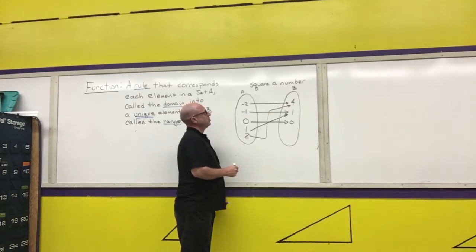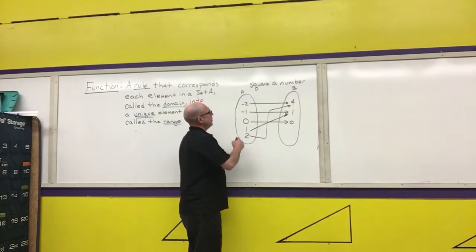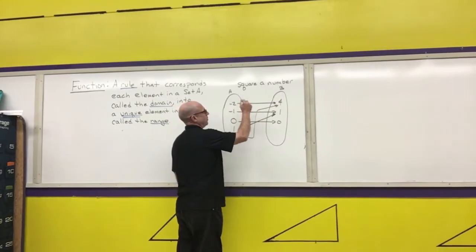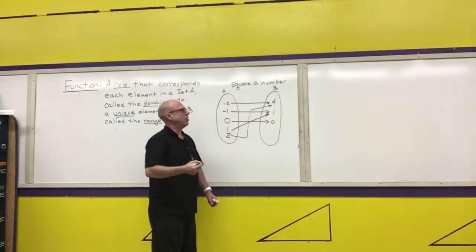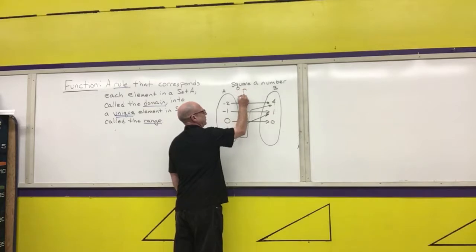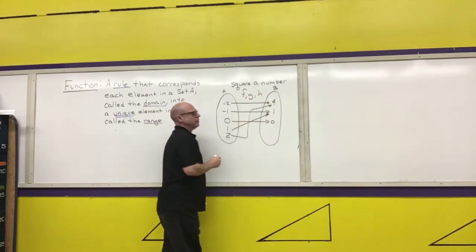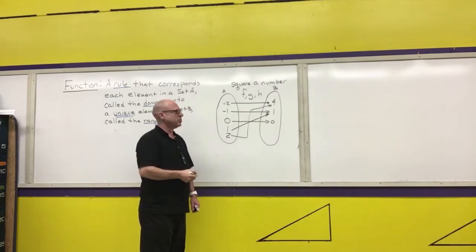Another way to represent a function is with a name. In math, we typically use short names, not long names. Names you'll typically see are F or G or H, single letter names.